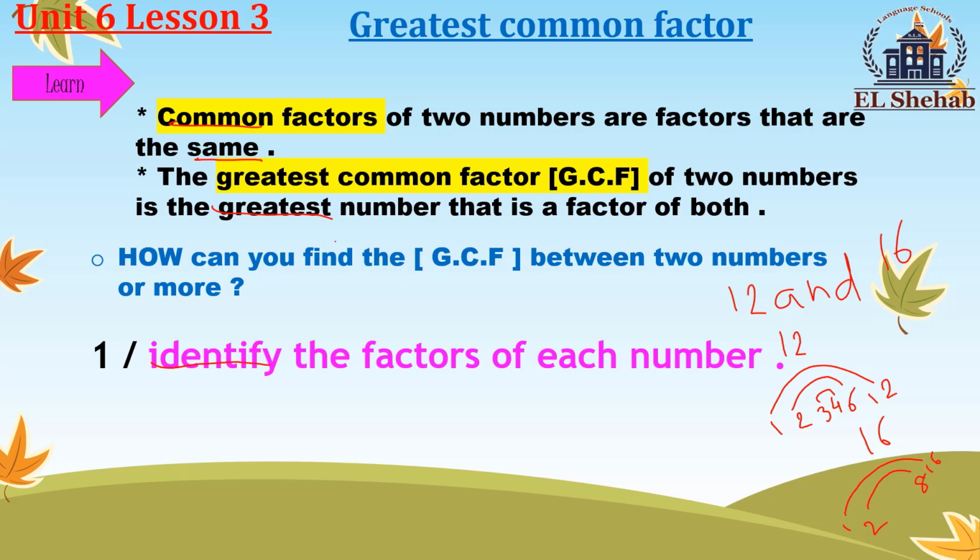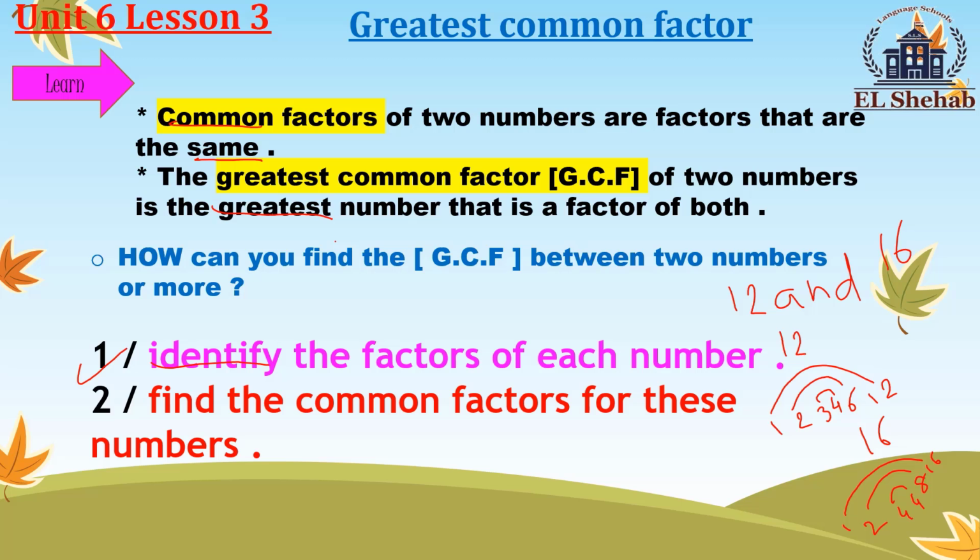Nothing in table 3. And 4 times 4. So the factors here are 1, 2, 4, 8, 16. I don't have to repeat the 4 two times. So now we are done with the first step. We identified the factors of each number.